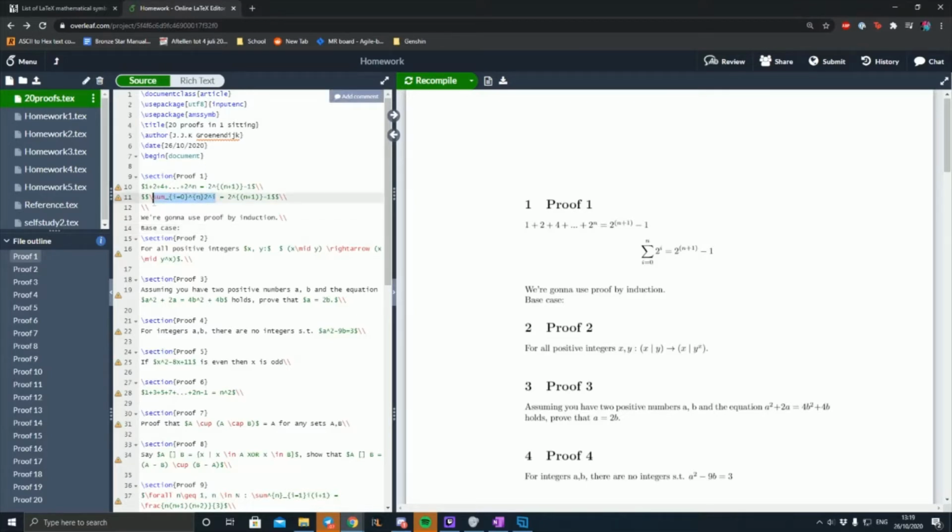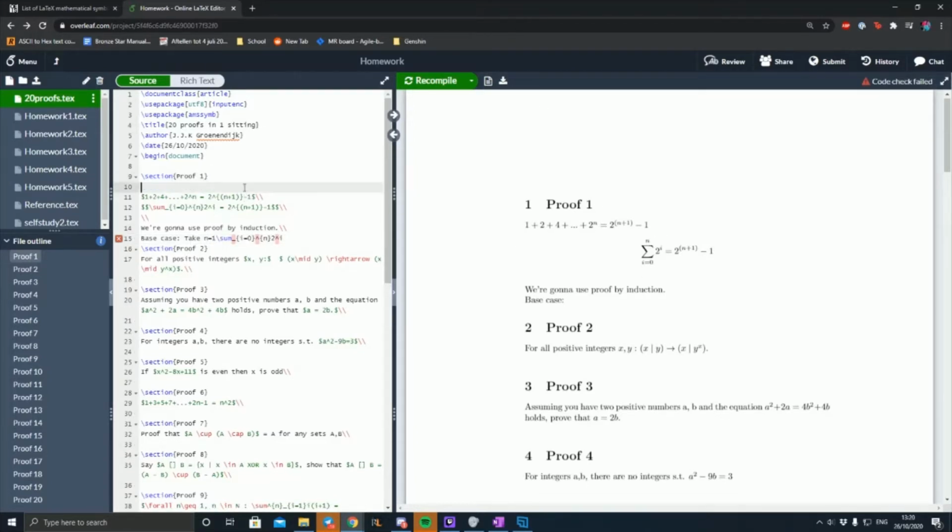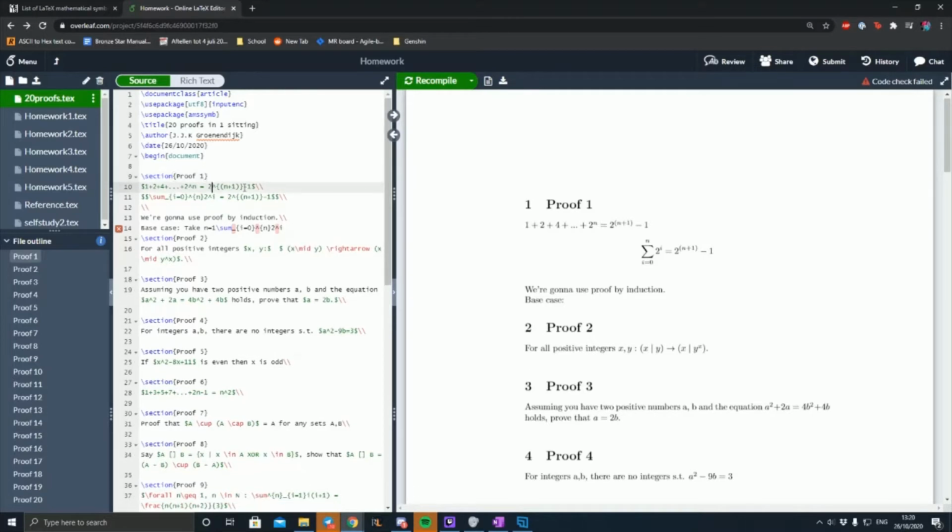So we have the base case, and I'm just going to do a bunch of copy pasting here. Let's take n equals 0. By the way, in a good world, this should give a range.